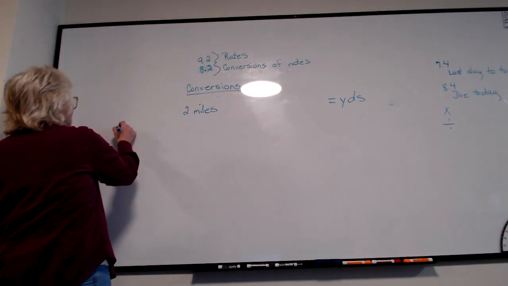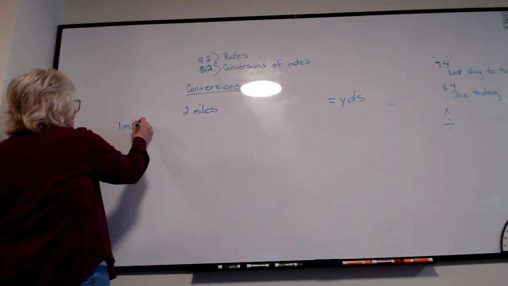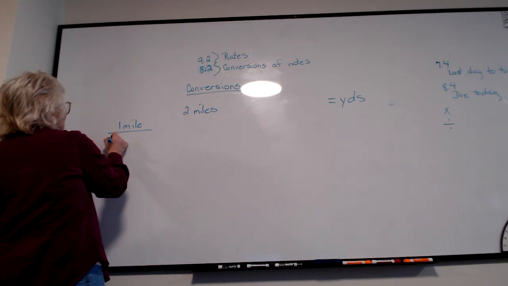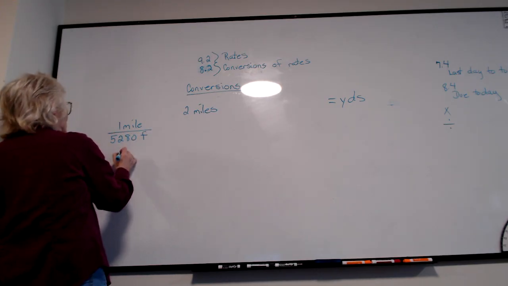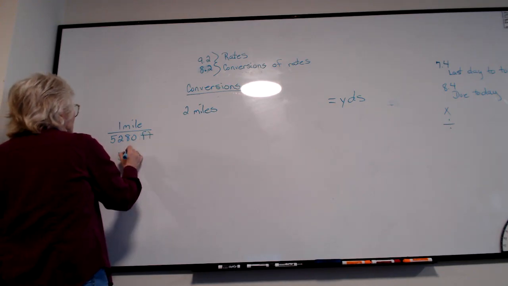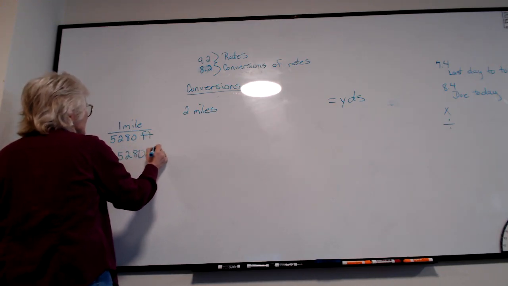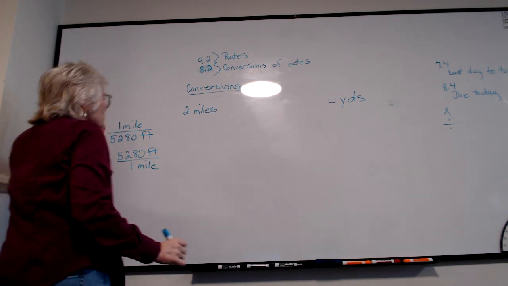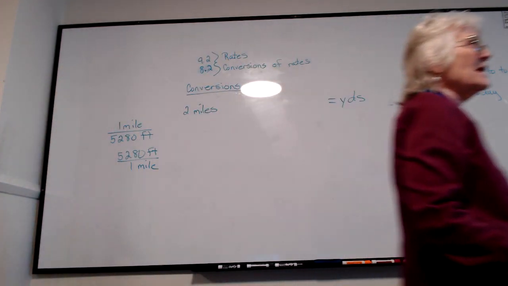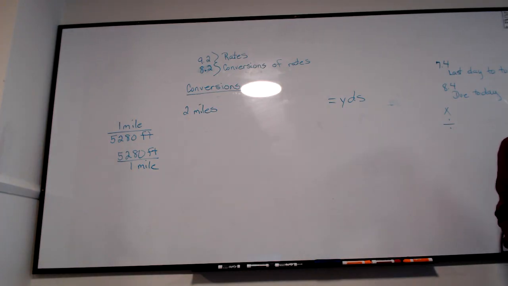That is 1 mile is the same as 5,280 feet. Or 5,280 feet is the same as 1 mile. Both of these are true. Doesn't matter which one I write on top.